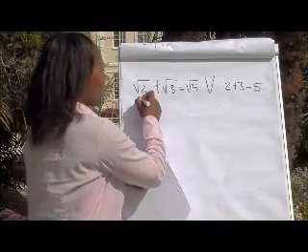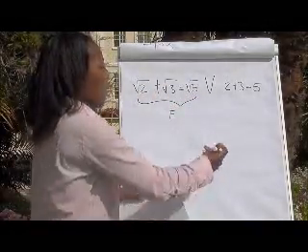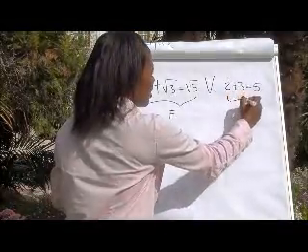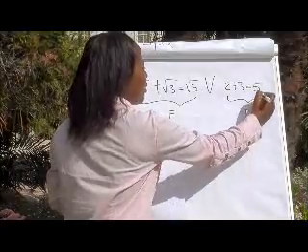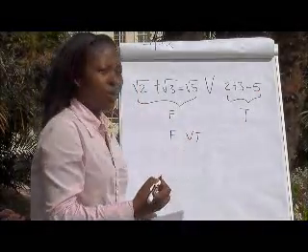So this whole expression is false, right? 2 plus 3 is equal to 5. So this is true. So now we have a false or a true.